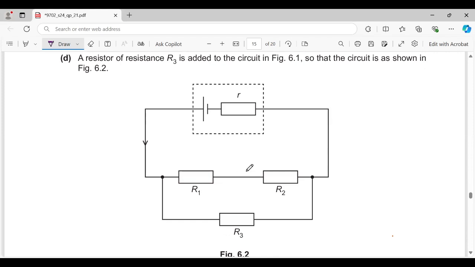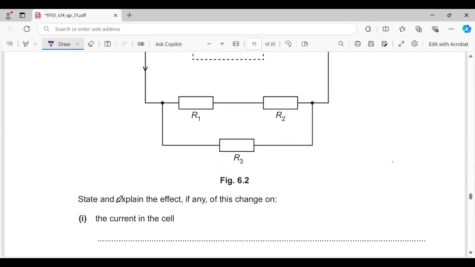The previous circuit just had R1 and R2 attached in series, but now R3 is attached in parallel. State and explain the effect, if any, of this change on the current in the cell. What happens if we add one more resistor attached in parallel?